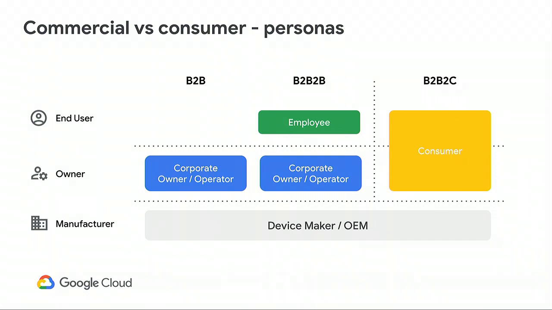In case of B2B2B, the interesting thing is that the owner is also a corporate owner or operator, but the end user is different, so they don't necessarily own the hardware.